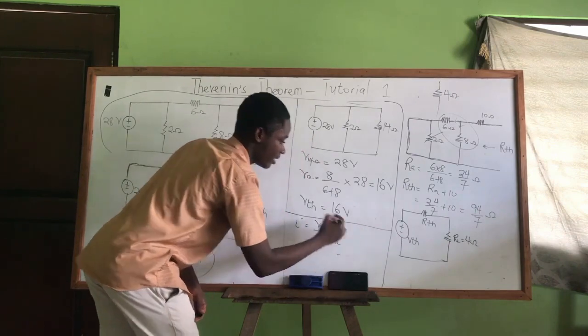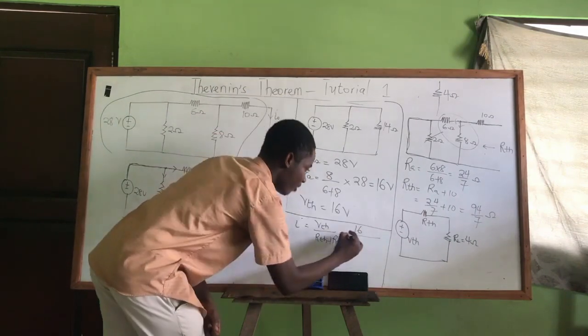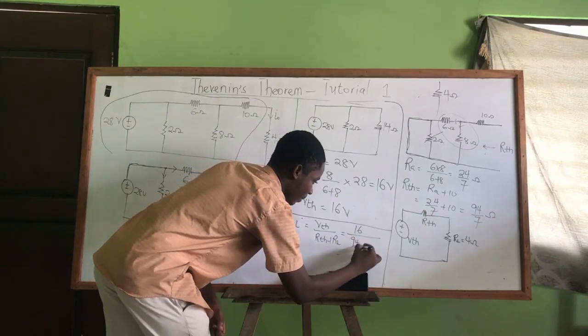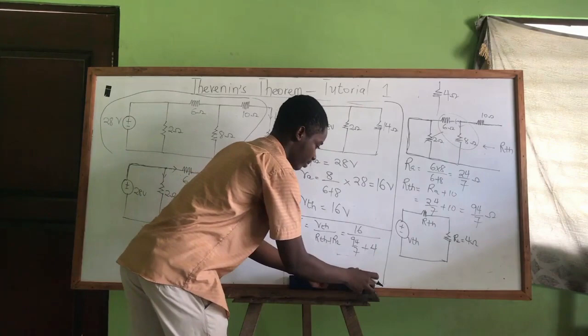So VTH is giving us 16. RTH is what? We had 94 on 7 plus the load resistor, which is what? 4.